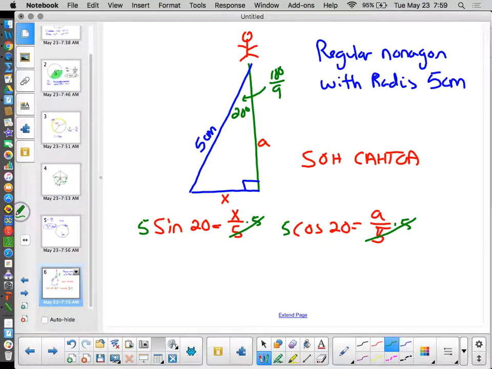We put that into our calculator. 5 sine 20 is 1.71. 5 cos 20 is 4.70.